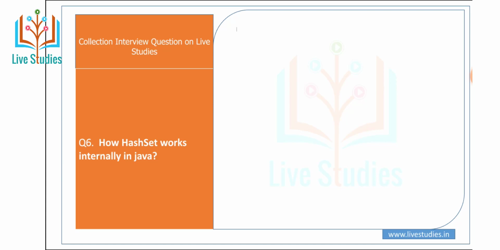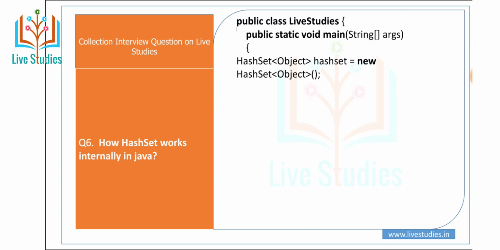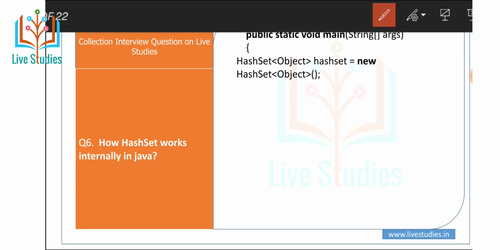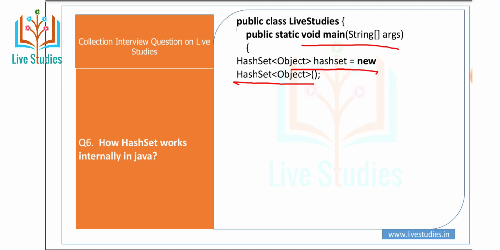So in Java, if you want to add elements to the set, you write code like this. Create a class, LiveStudy class, write the main method, then create a reference of the HashSet object, then add three values, like adding three values: student, and table.